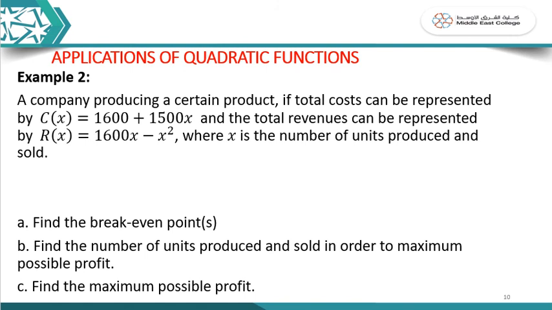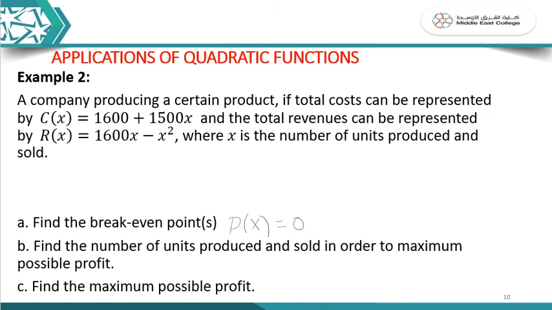Okay, and also here there is an application of the quadratic function. He gives you c of x and also r of x. What he wants from you is to find the break-even point. How will we get the break-even point? As we know, the break-even point is where the profit p of x is equal to 0.